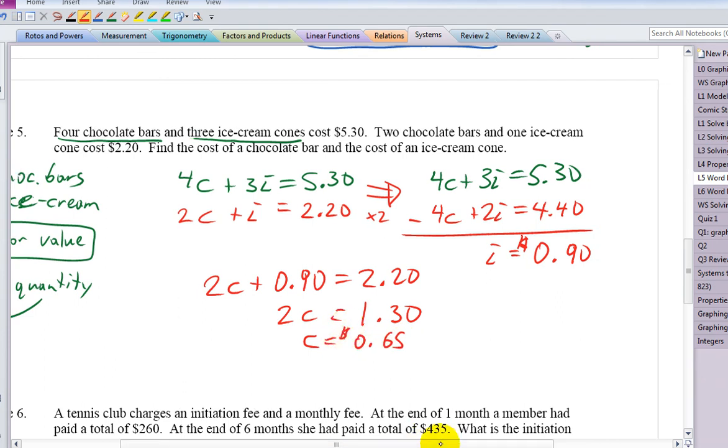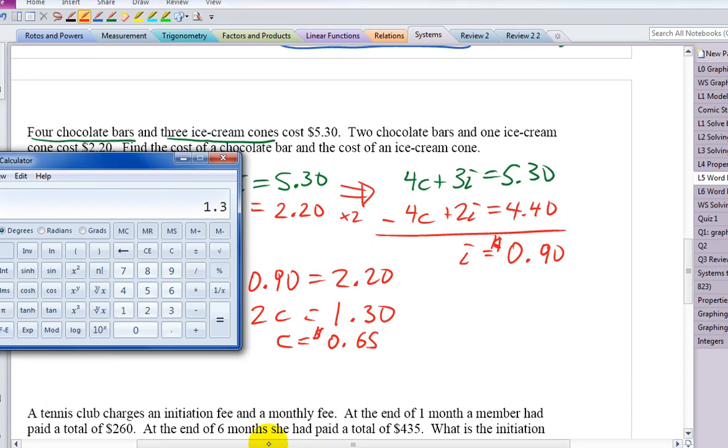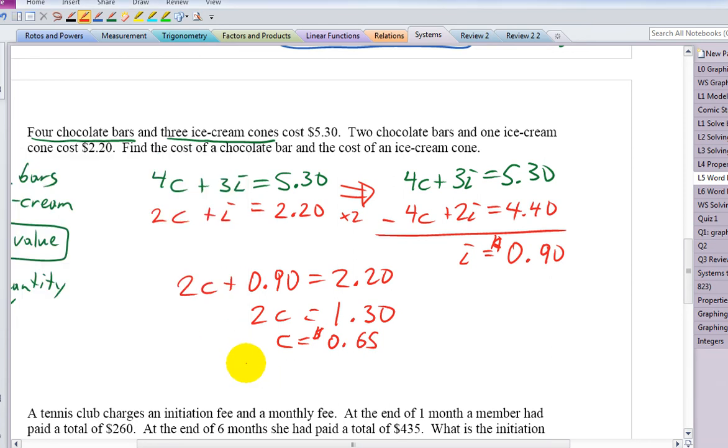Okay, I want you to do something real quickly right now. In your calculator, I want you to type in 0.90 and then press equals. Oops, sorry. That's screwed up. 0.90. Why does this calculator do it? That's weird. Okay, so my point is this.